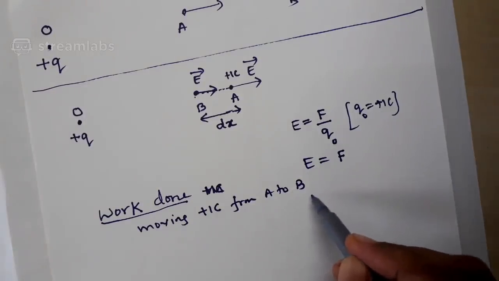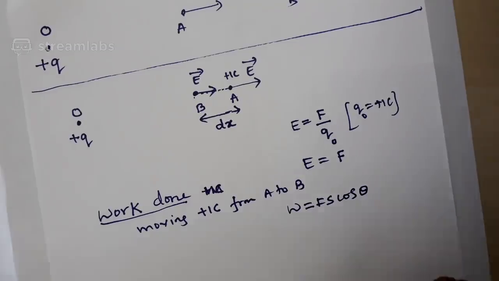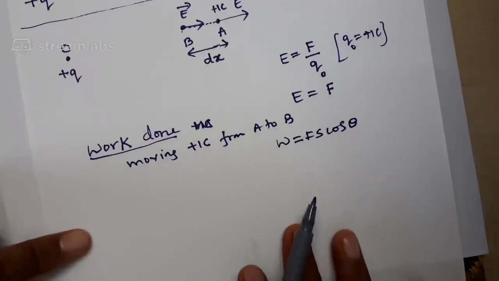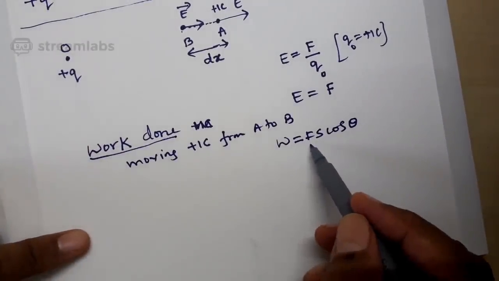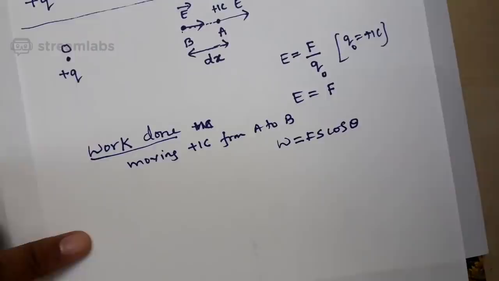Because if you refer to the standard formula, work done is given by the formula F s cos theta, where F is the force which I applied, S is the displacement, and theta is the angle between the force and the displacement.